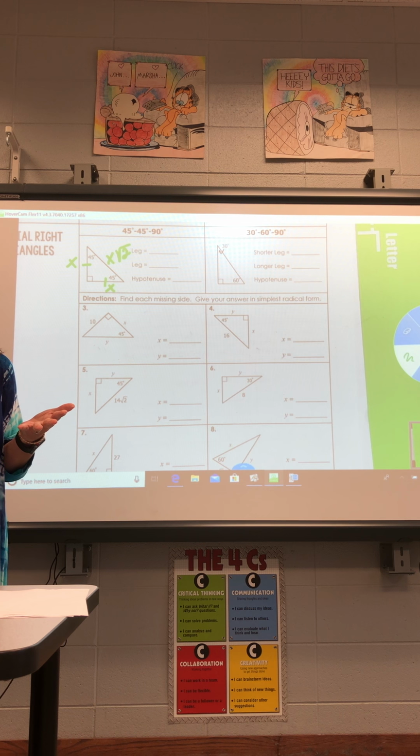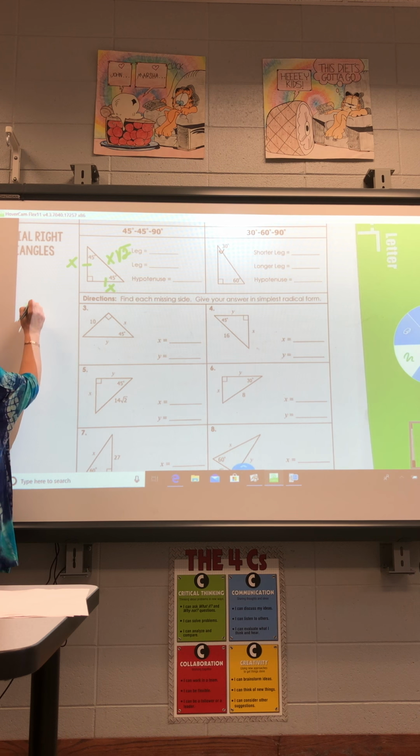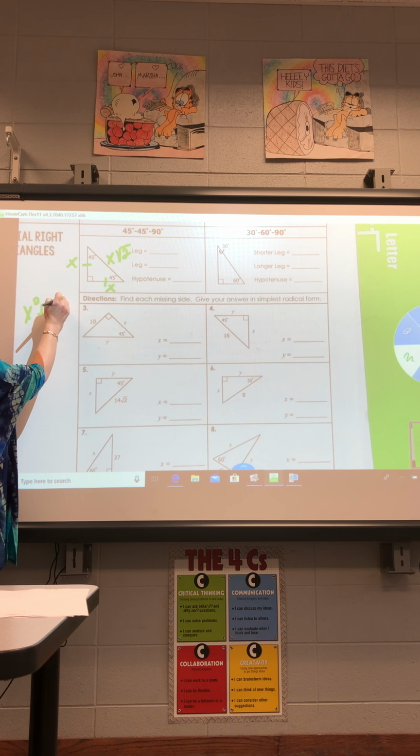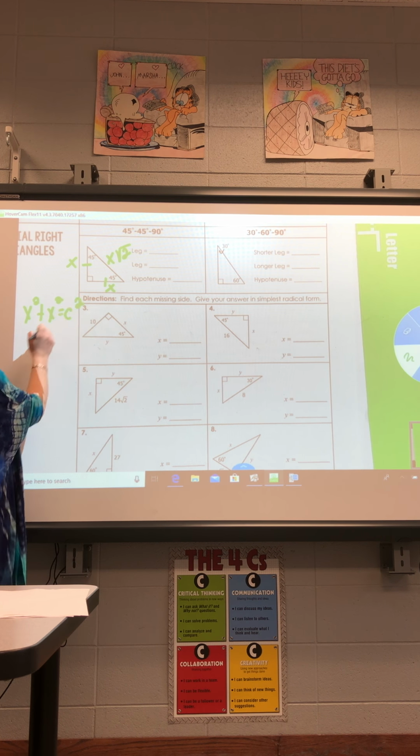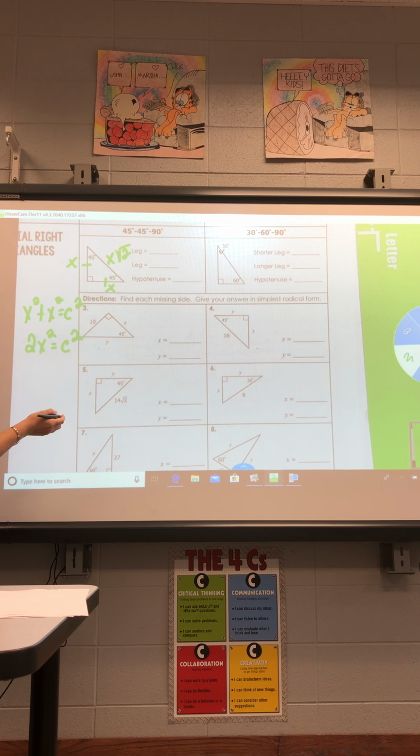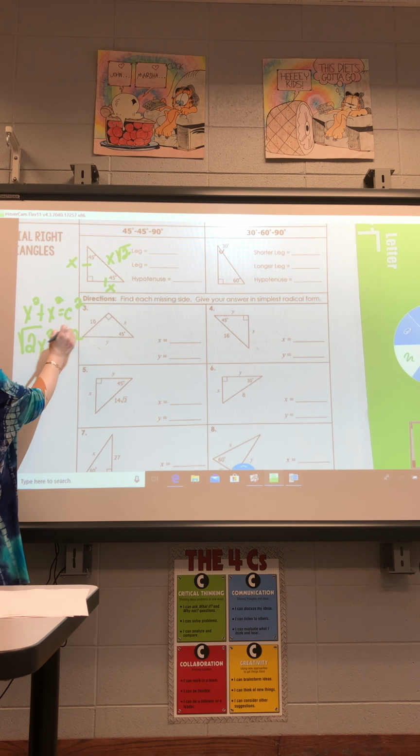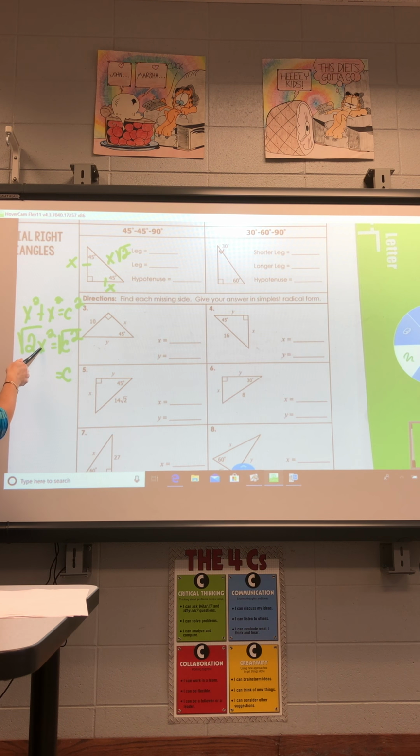Where does that come from? Well, if you let your two legs be x, okay, you can have a squared plus b squared is equal to c squared. So that's going to be 2x squared is equal to c squared, okay? So if you take the square root on both sides, the square root of x squared is x.